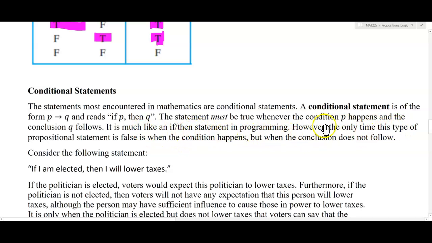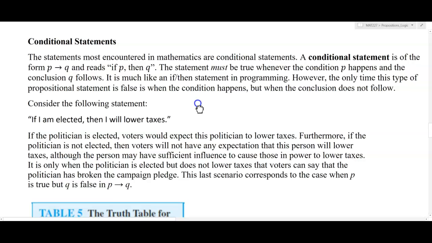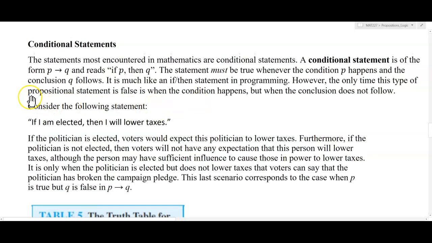However, the only time this type of propositional statement is false is when the condition happens, but the conclusion does not follow. So, for example, before we start to look at the truth table of this, let's consider the following statement. If I am elected, then I will lower taxes. So if we reason through this and we say, what is this politician really saying?